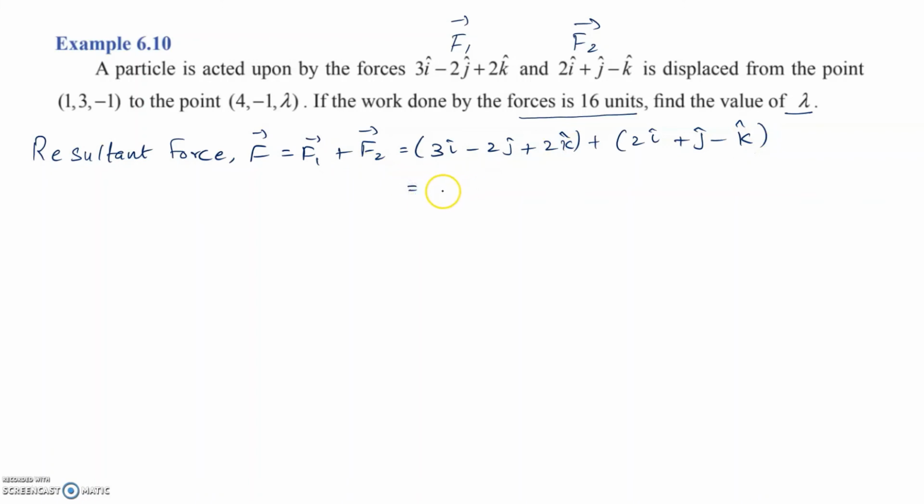So adding them together, we get 5i cap minus j cap plus k cap.